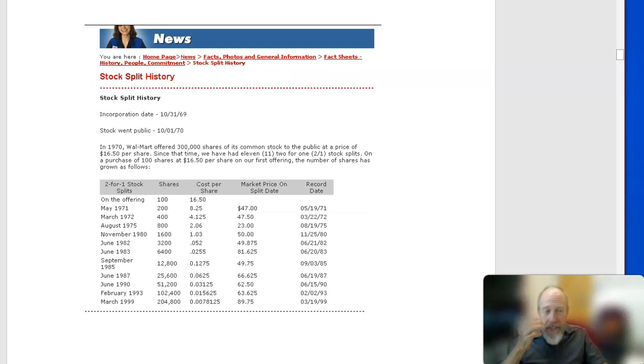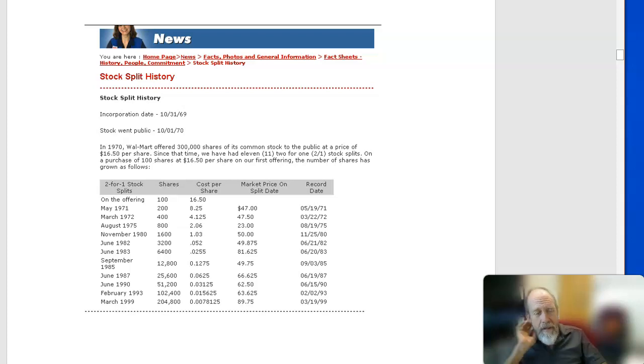Now, what happened during this entire period of time? Well, you had a number of stock splits. If you don't know what a stock split is, you split the stock. If you had 100 shares, you might now have 200 shares. Say you had 100 shares at a $10 cost per share and you split them. Now you have 200 shares at $5.